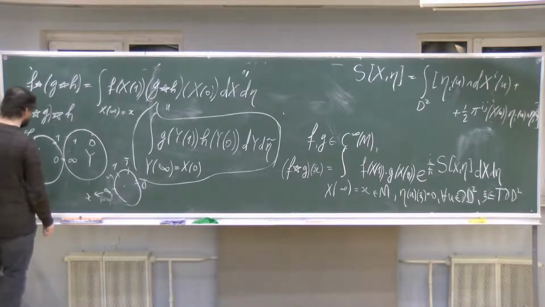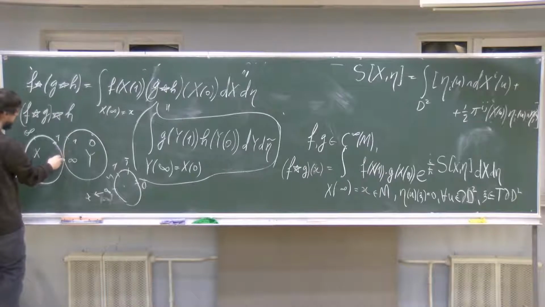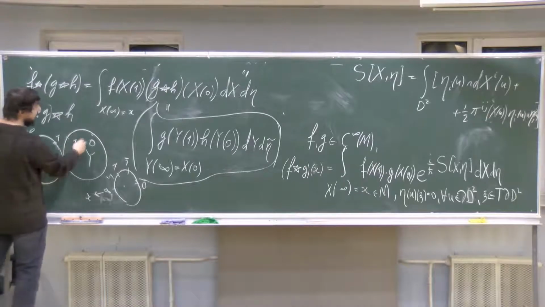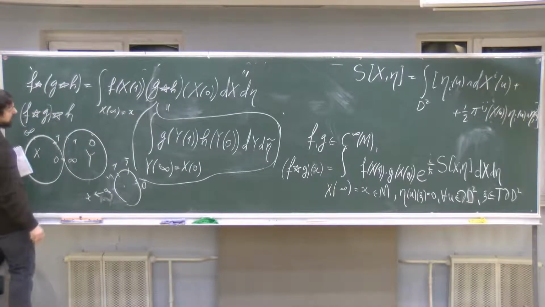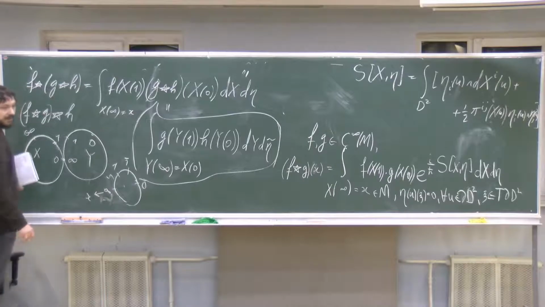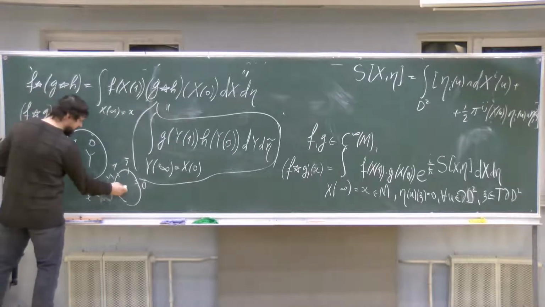Because here you will have a disk which corresponds to h, where you need to send the point 0 to some fixed point, I don't care about this now, right? And then you add the disk which corresponds to this star product. And it will be topologically equal to the same disk again.